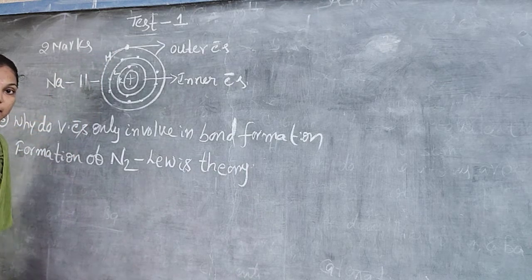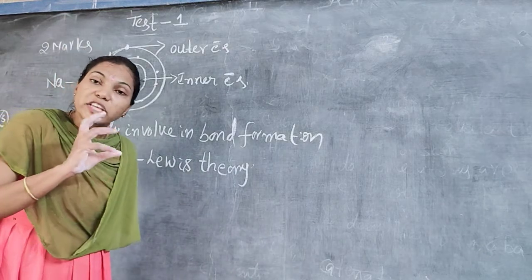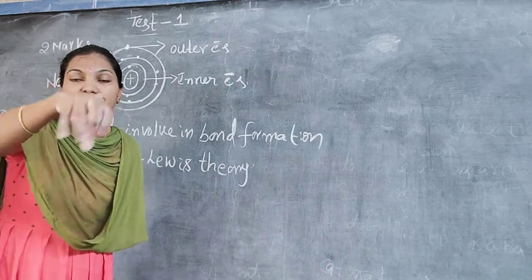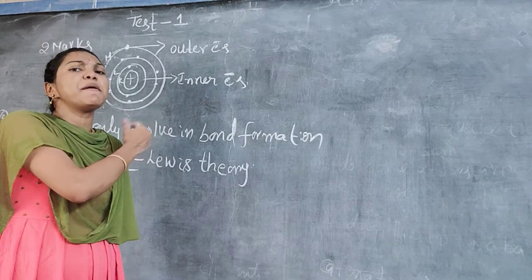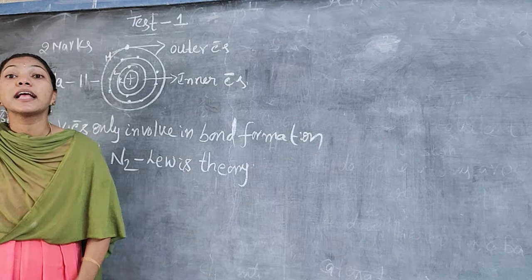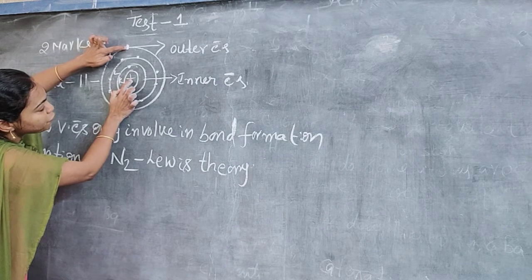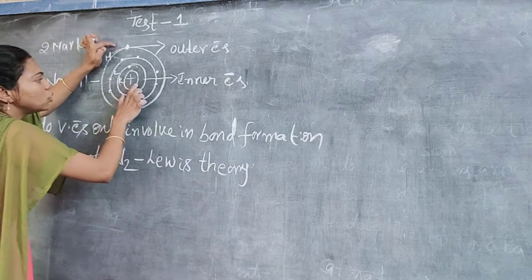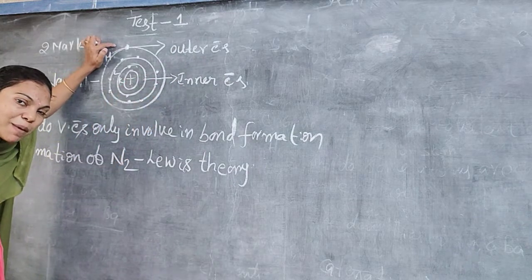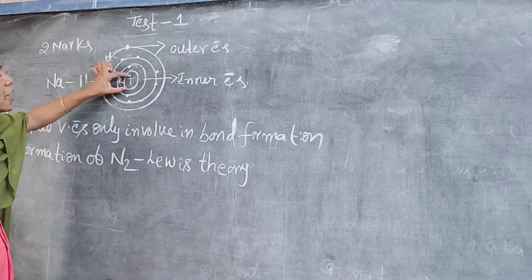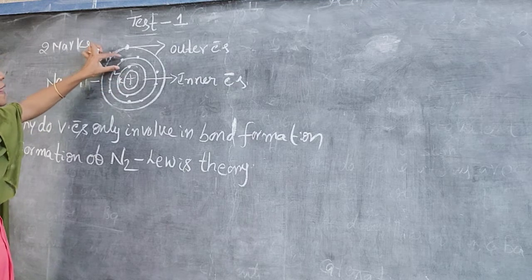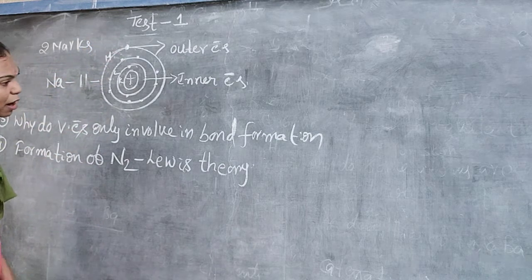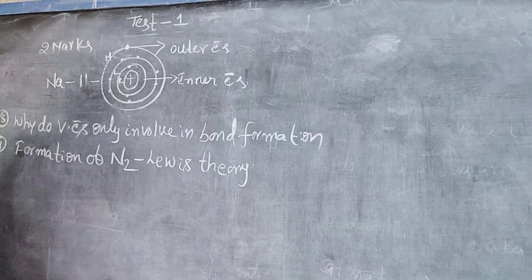The outer shell electrons are not much affected by the nucleus, while the inner shell electrons are severely affected, because the nucleus attracts the inner shell electrons strongly. The outer shell is far away, so the nuclear force is less on the outer electrons and more on the inner electrons. That's why the outer electrons easily escape and are involved in bond formation. That is the answer for this 2 marks question.